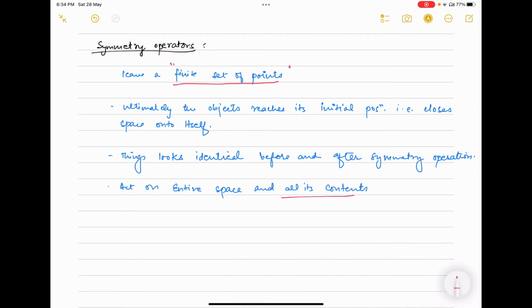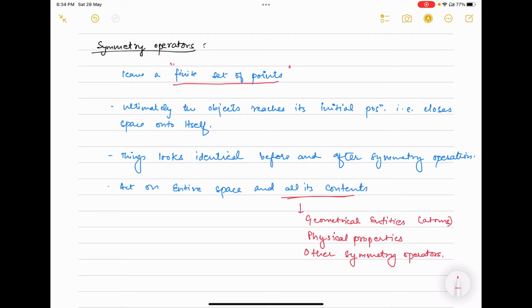These contents can be anything like geometrical entities, atoms, physical properties, electrical properties, even symmetry operators. Okay, one symmetry operation can be applied to other symmetry operators as well.